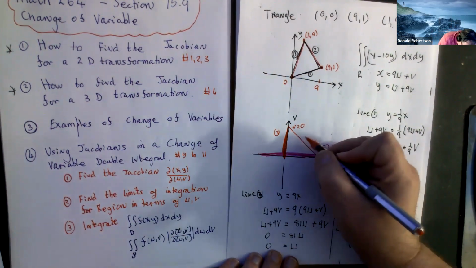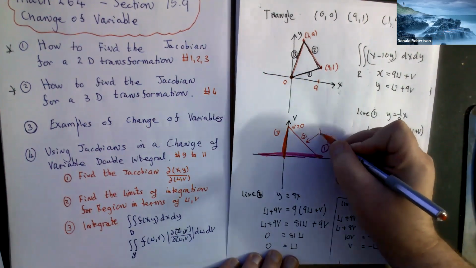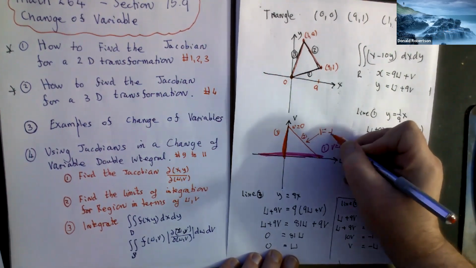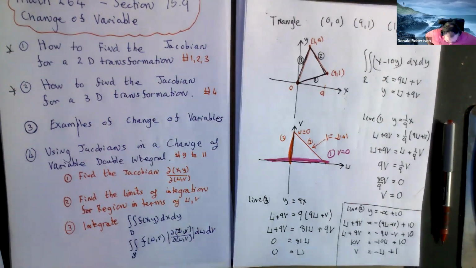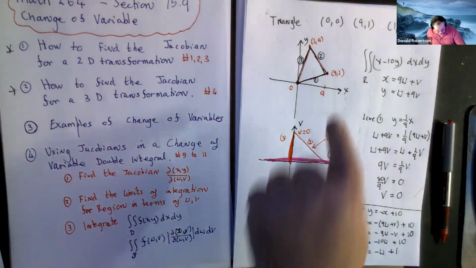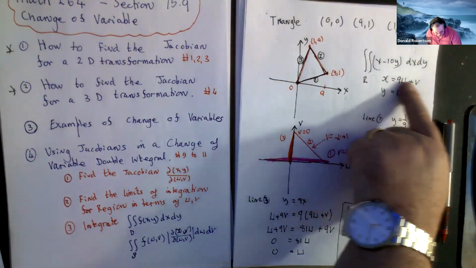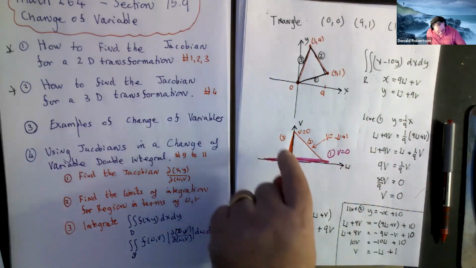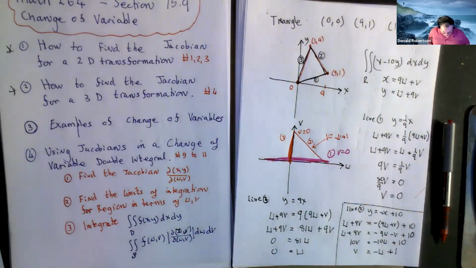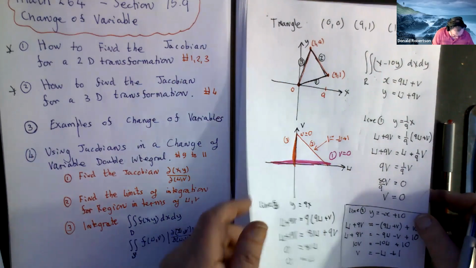It's going to be line number 2, this line here, and its equation is V equals negative U plus 1. So we've taken this triangle in XY space, used these changing variables to convert it now into this triangle in UV space. And we should be set up now for the last piece of the puzzle.